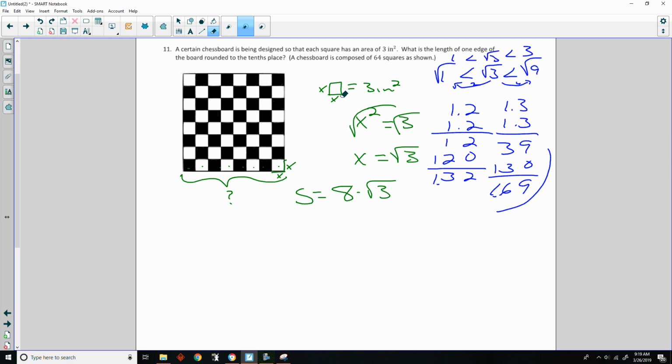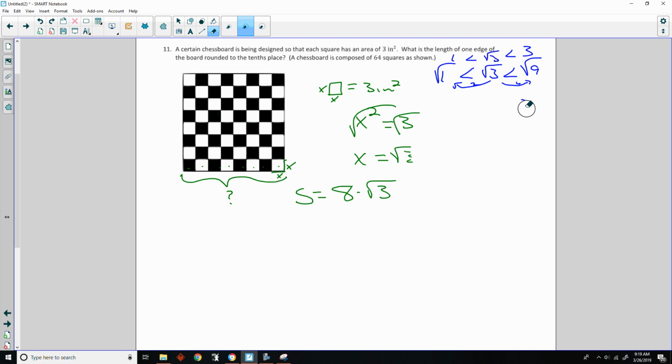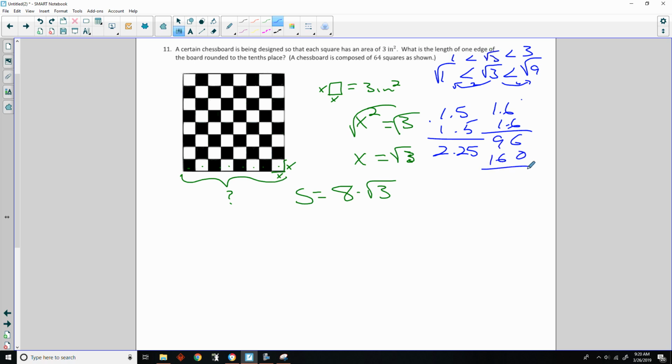Okay, we'll try larger numbers. Let's try 1.5 squared. Well, 1.5 times 1.5 is 2.25. That's less than 3. 1.6 times 1.6, that's still less than 3.